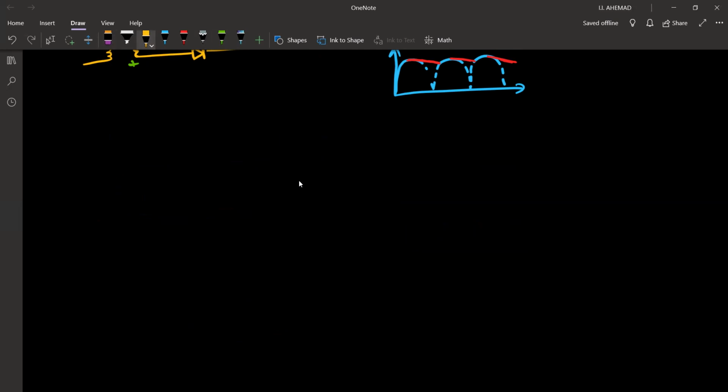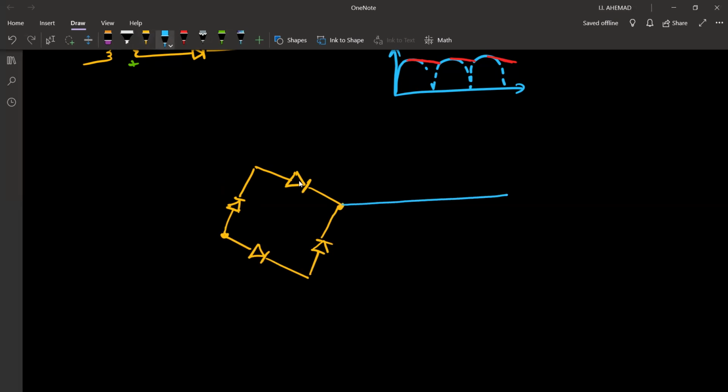The easiest way to draw the bridge circuit is to draw the parallel diodes in the same direction. That is how you can remember them easily. The parallel diodes are in the same direction. And we get the output from this and this, in the opposite directions.